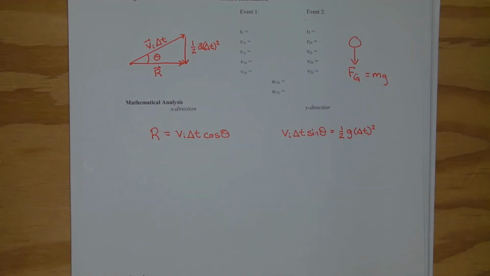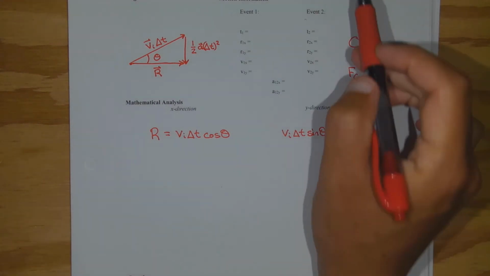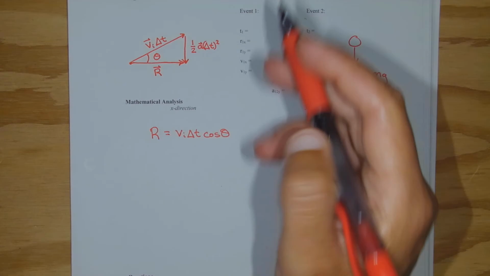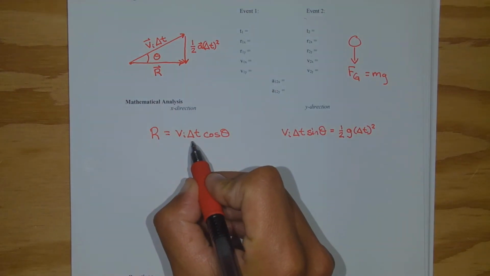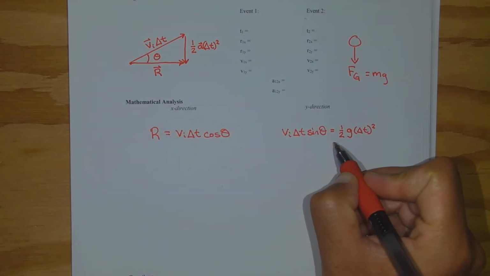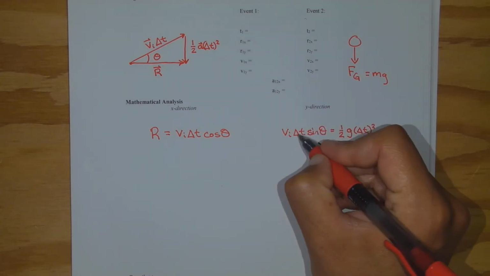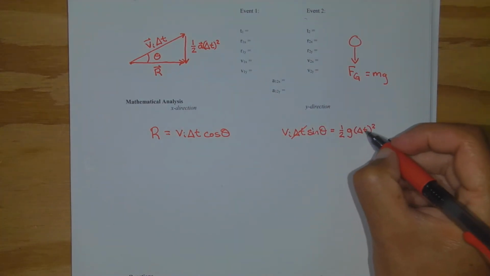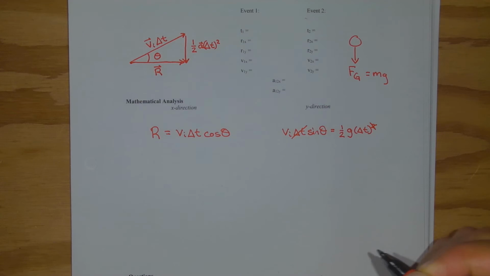Okay, and we are trying to determine the range as a function of the initial velocity and the launch angle, so we can't have delta t in our answer. But we can use the equation that we have over here to solve for delta t. So I have delta t on this side, I have delta t squared on that side, so those cancel out.